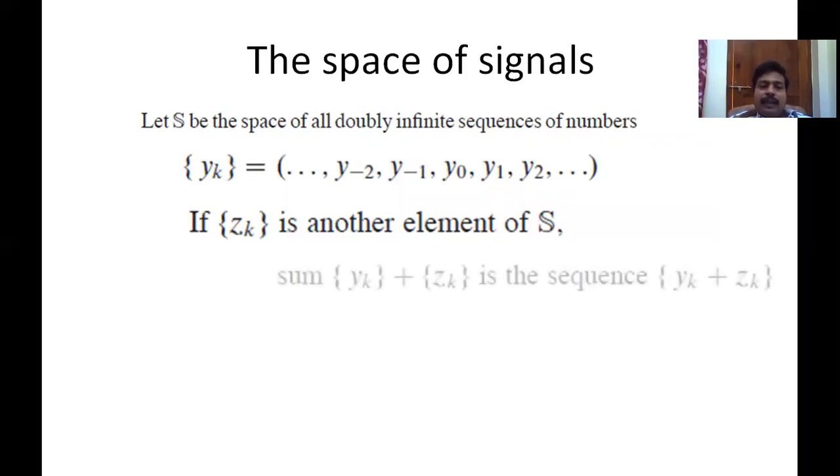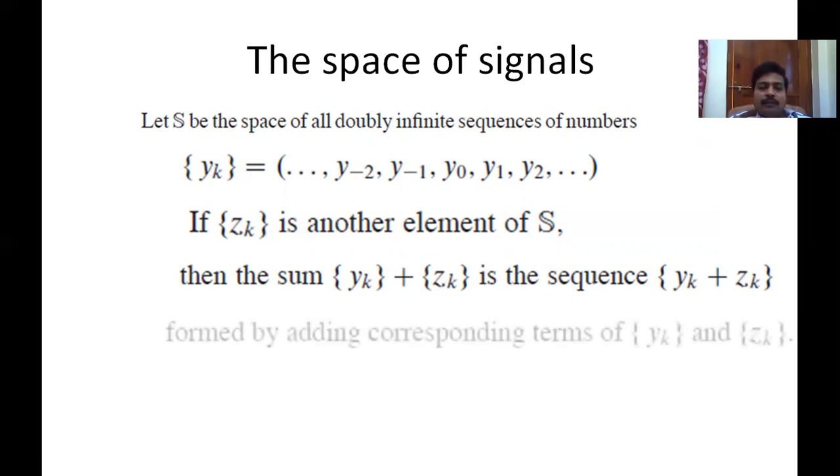So we define addition and scalar multiplication. The sum of two vectors is defined as another sequence yk plus zk. This is nothing but component wise addition. So here you will get y0 plus z0, y1 plus z1, y2 plus z2 as the terms.